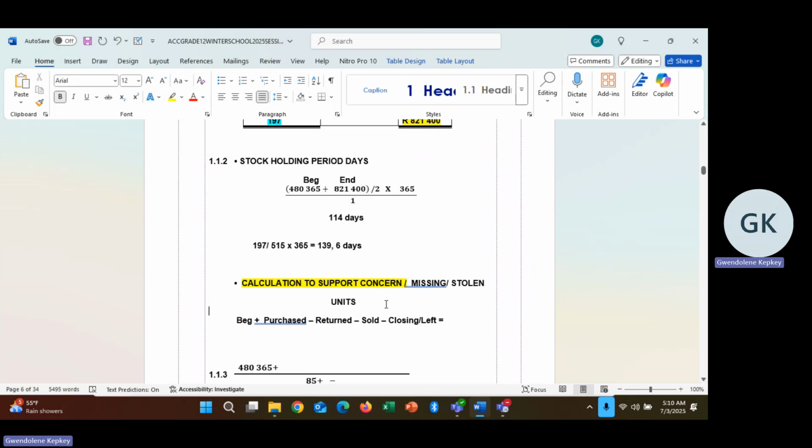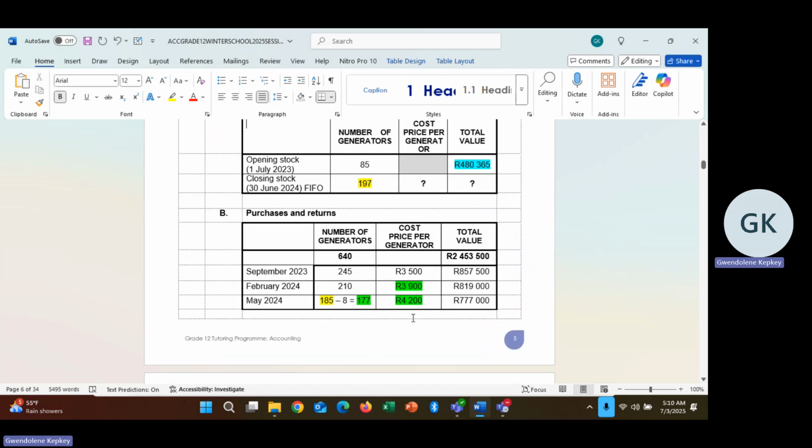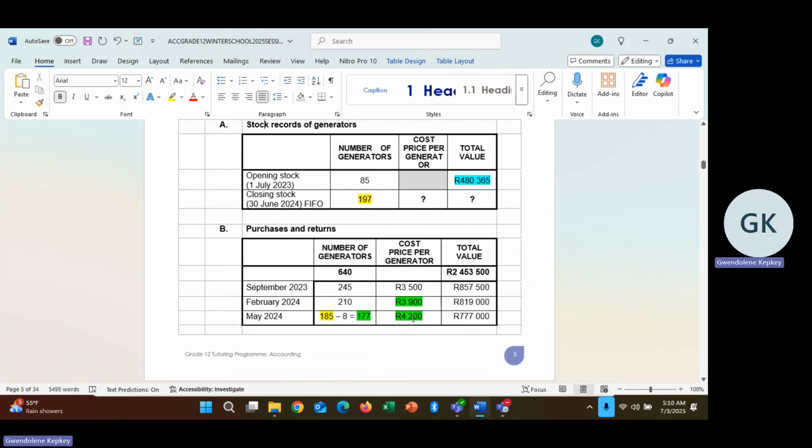Can we, for our purposes, grade 12s, move to find out where I'm getting those items from? So right at the beginning, I have 85 items. I have purchased items of 640 in total.